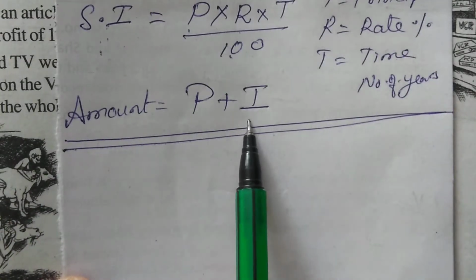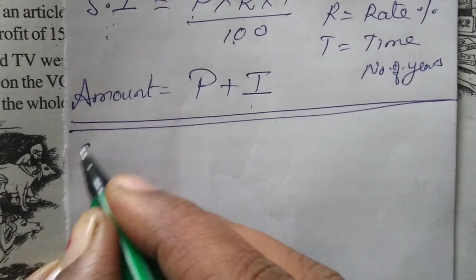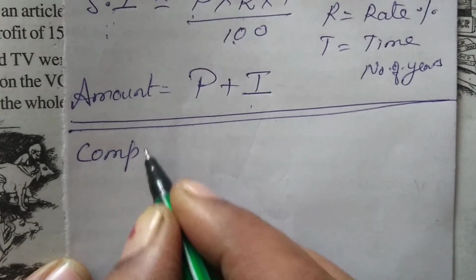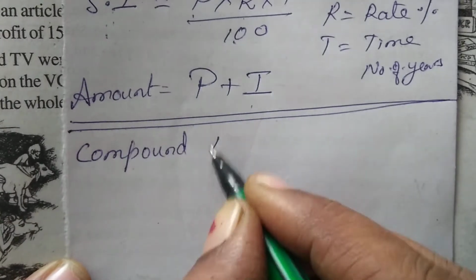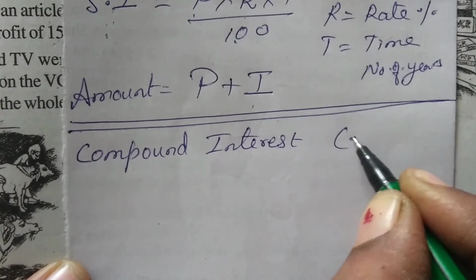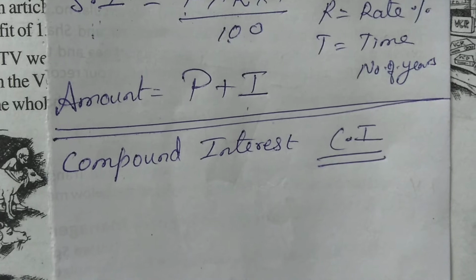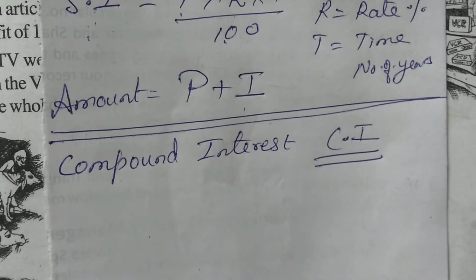Okay. So now we are going to learn in our class compound interest, which we shortly call CI. Now what is the difference between compound interest and simple interest?